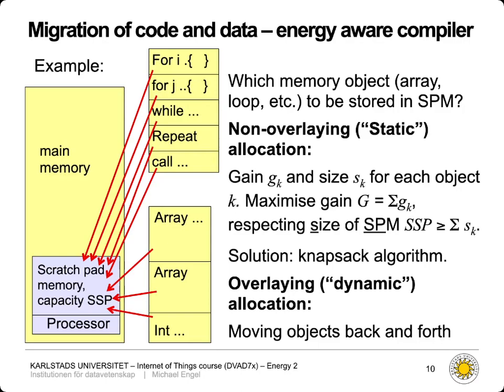So you do dynamic allocation, which means you move objects back and forth from main memory to scratchpad memory and the other way around. You can also evict objects from scratchpad memory, but of course you still have to store them somewhere in DRAM if you need them later. And here the optimization challenge is that the benefit from moving an object into scratchpad memory must be larger than the cost of moving it and moving something else out to make space for the new object.